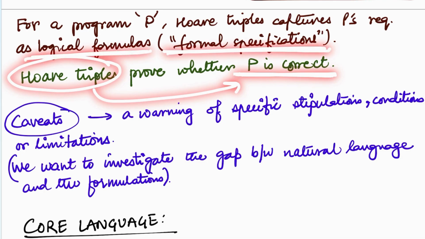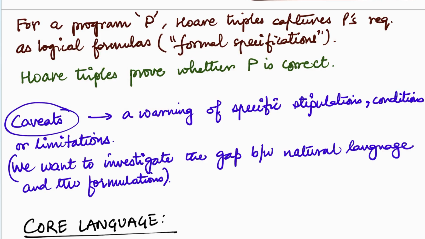Moving further, there's another term which I would like to highlight. If you see it in any book, it's known as caveats. It's a warning of a specific stipulation, condition, or limitation. Sometimes your program also gives some warnings. Similarly, this is the warning.